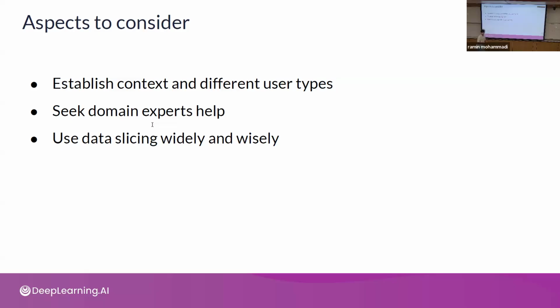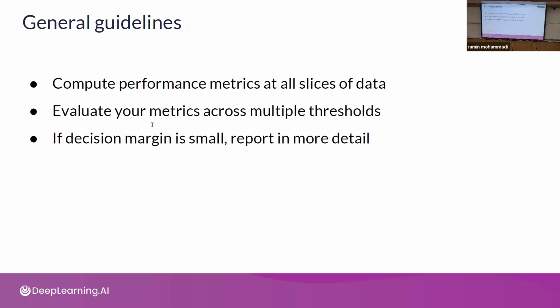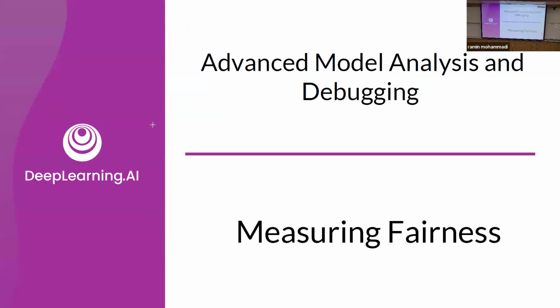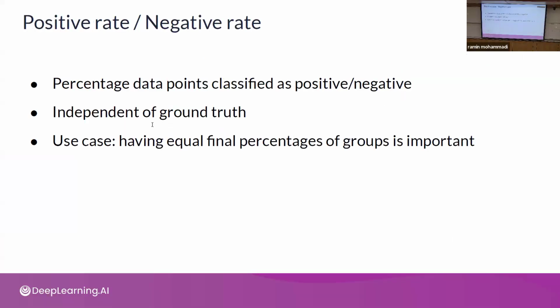That could be a good question to ask someone with knowledge, a domain expert: hey, if you have this data, what would you look for? That becomes pretty useful. Then compute the performance metrics for all those slices, and then create certain reporting. We're going to just talk about this.